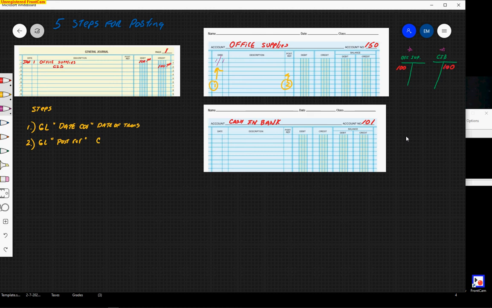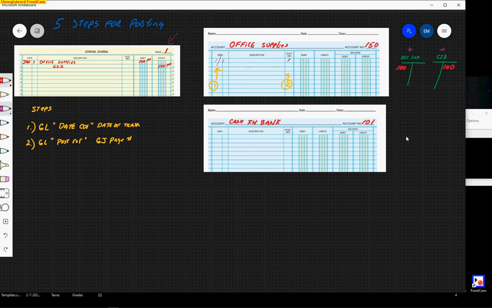The general journal page number. Well, that's going to be P1, or you can call it GJ1. I'll be happy if you just put a 1 in there.